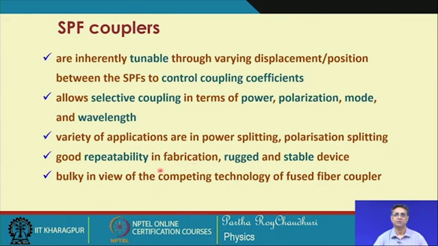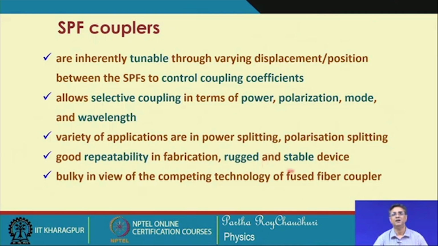One of the important aspects of this SPF based fiber coupler is that it gives you very good repeatability in fabrication, because the procedure is reproducible and you can get back to the same specification every time you fabricate under similar experimental conditions.